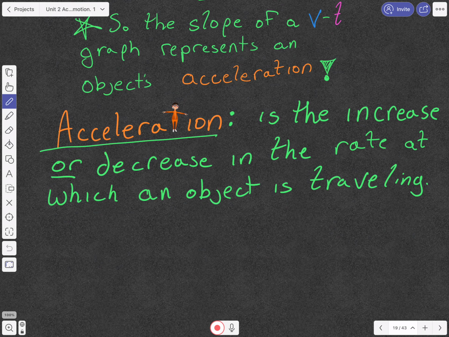So again, if an object is going a certain velocity and then it speeds up in the same direction, the acceleration is positive with regards to that initial velocity. We'll get more into it. If that doesn't make sense, just copy down what you see on the screen, and we will get more into it as we go.